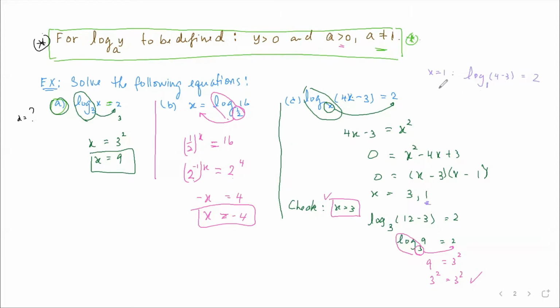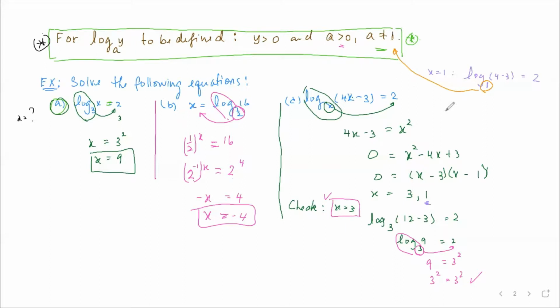Aha, now you see this? What can you observe? The base here is 1. But the definition already says it shouldn't be 1. So this one is undefined right away, because the base shouldn't be 1.